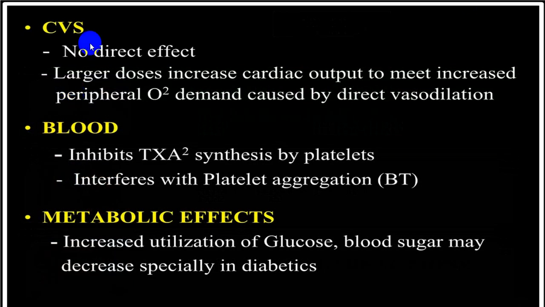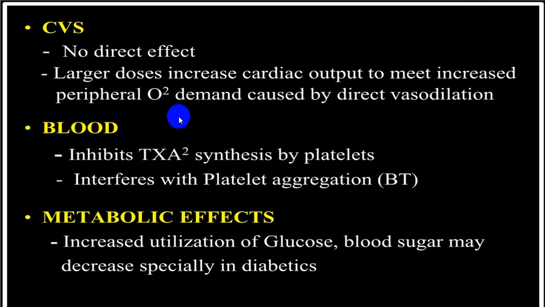Cardiovascular, no direct effect, but indirectly when you use large doses, it increases the cardiac output and it also produces vasodilatation, by which it will produce hypotension. As far as blood is concerned, we have already told you about antiplatelet effects. It interferes with platelet aggregation, so it will prolong the bleeding time and give rise to bleeding.